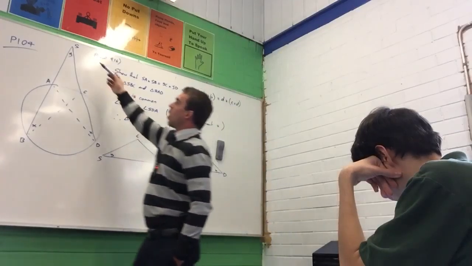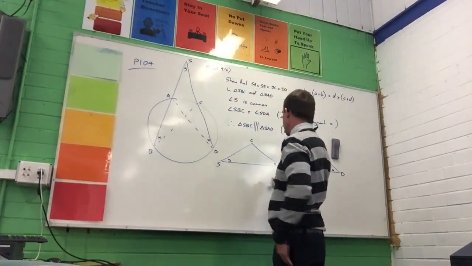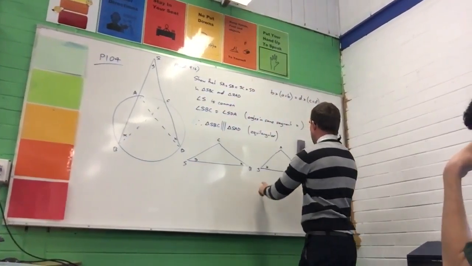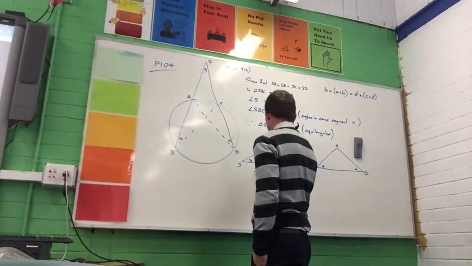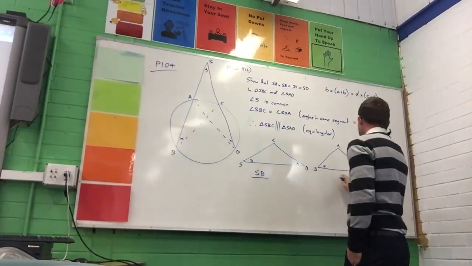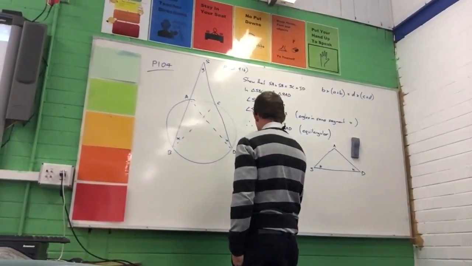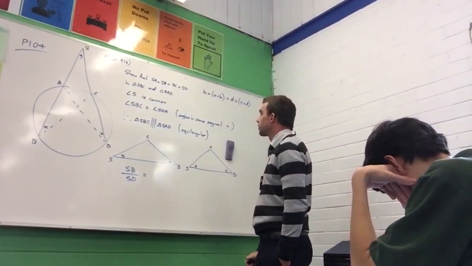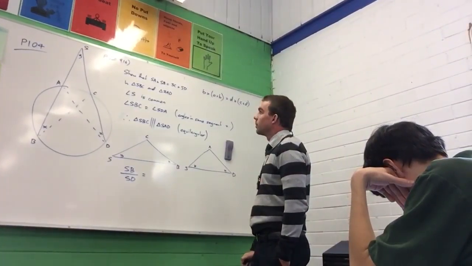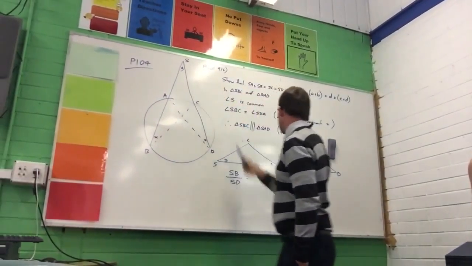Right, so that means the overall length of the secant, so from S to B and from S to D, so I've got SB here and SD. That means the ratio SB over the matching side, which is SD. Okay, so I need the shorter one, I need SA and I need SC.